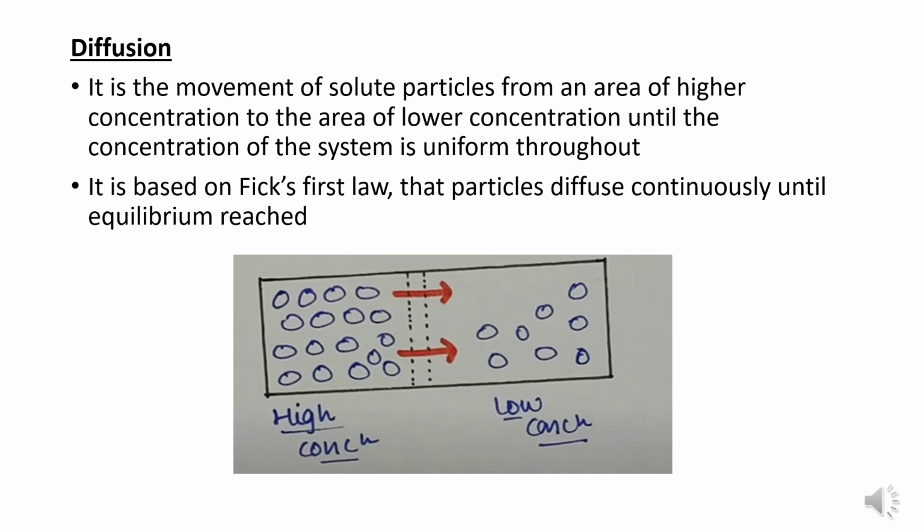The red arrow shows the direction of particle movement from high concentration to low concentration. Over time, particles spread out evenly until equilibrium is achieved. Diffusion is a passive process. It doesn't require any kind of energy.